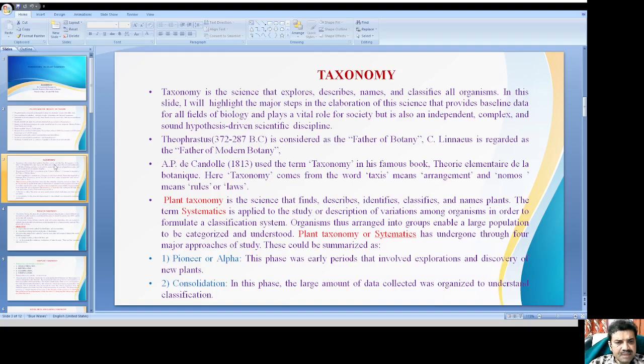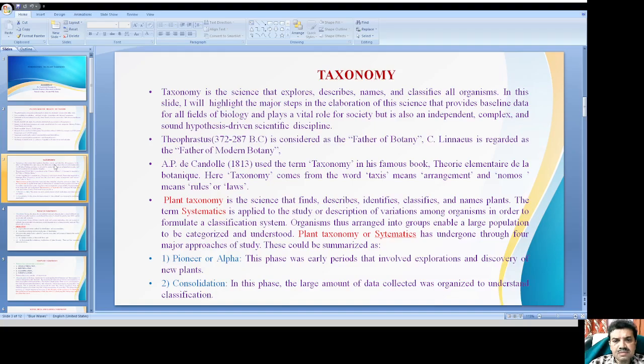But there are two very important terminologies that should be kept in mind: taxonomy and systematics. Taxonomy basically deals with the description, identification, and classification along with the naming of plants, but in systematics, the study of the description of various organisms in order to formulate classification systems is generally addressed.